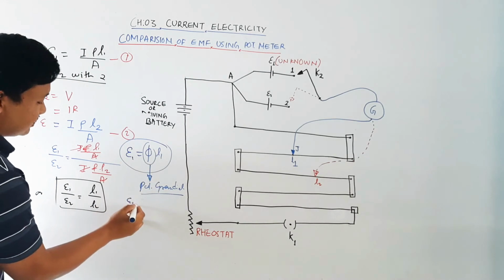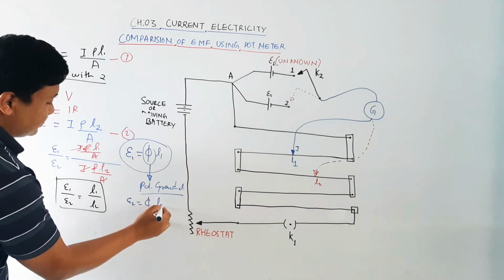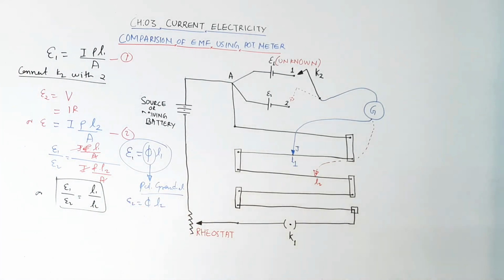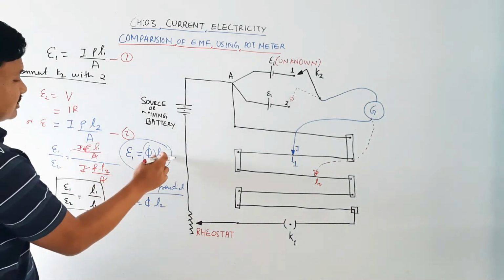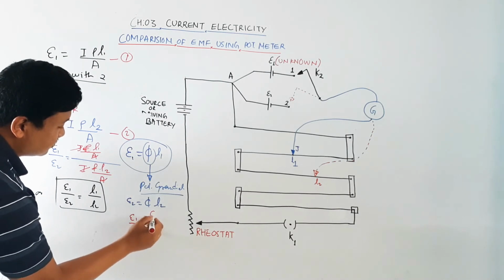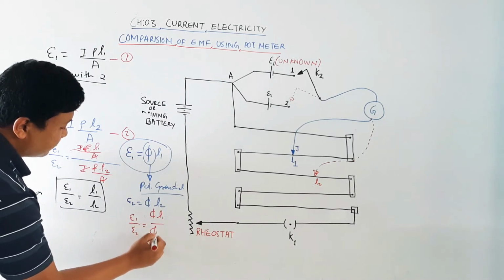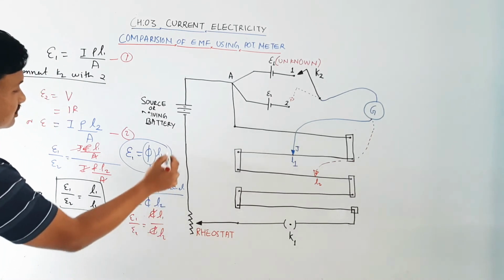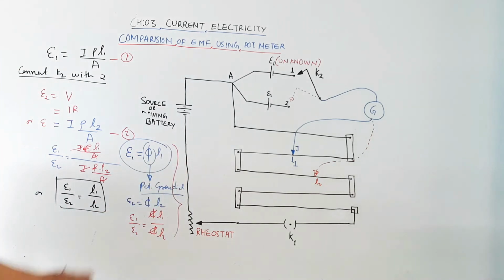If you find E2 is equal to phi L2, it is also okay. But I am doing it in depth. Again, if I divide this by this, I get E1 by E2 equal to phi L1 by phi L2. Same thing, this is quite short. If you want to do it like this, you can always do it like this.